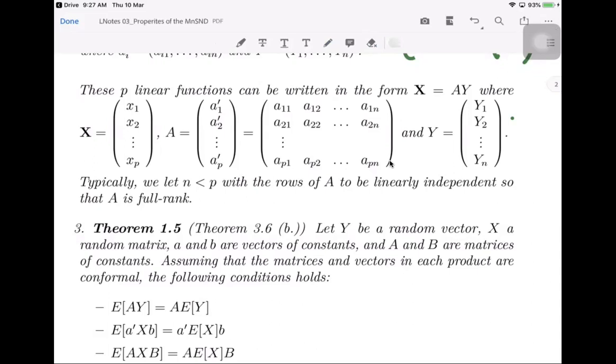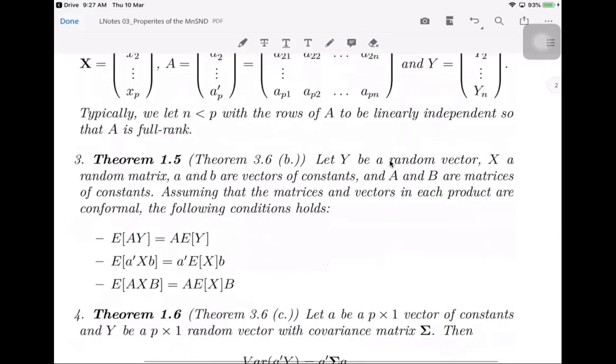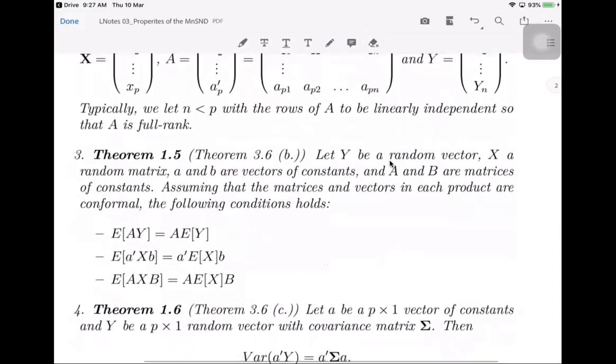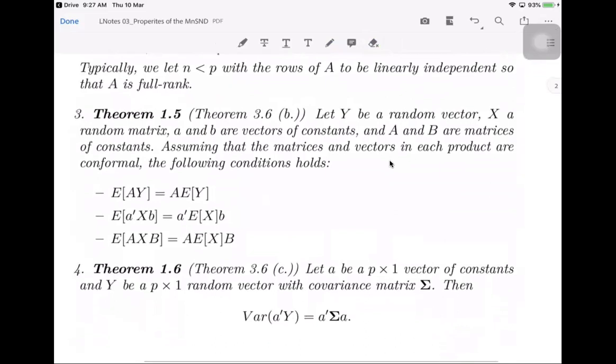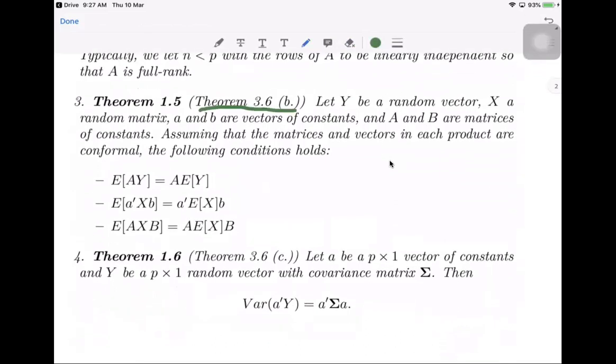Okay. The next theorem in the second reference by Rencher will be this. This is basic in your probability class.